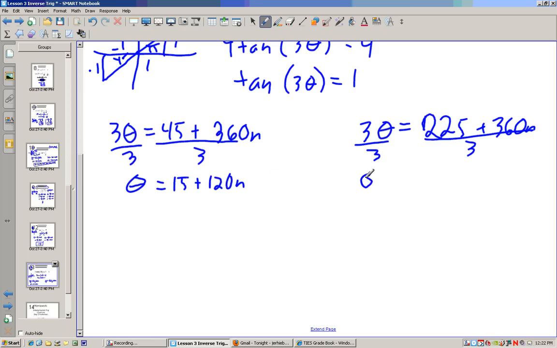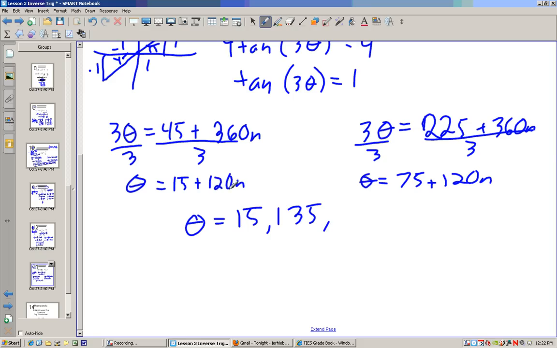So theta is equal to 75 plus 120 n. So if I want to list out all the values, 15, add 120 to that to get 135, add 120 to that to get 255, add another 120 to that to get 375, which is too much.